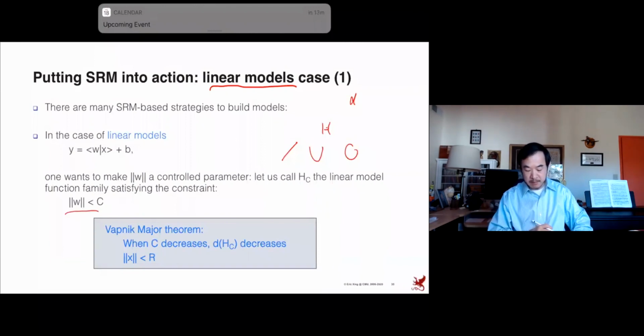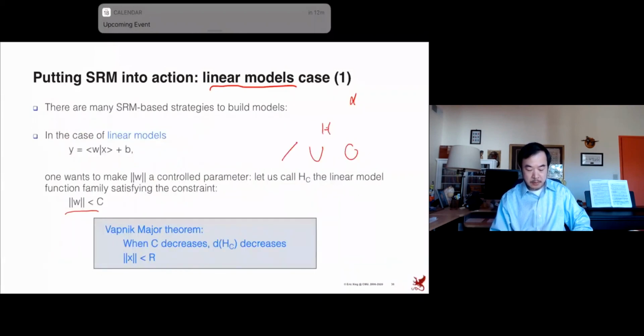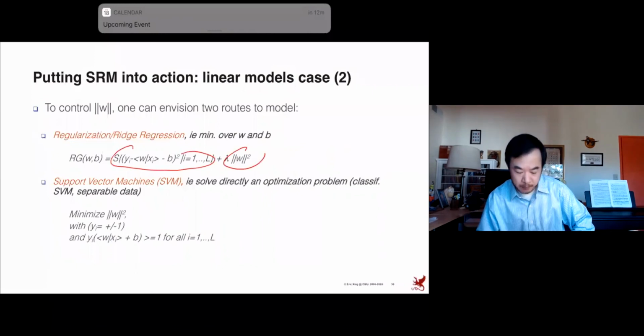You probably already learned that before, right? So in linear regression, one thing people often do is to jointly minimize an empirical error like this, and also a regularization term which controls the size of the parameters.